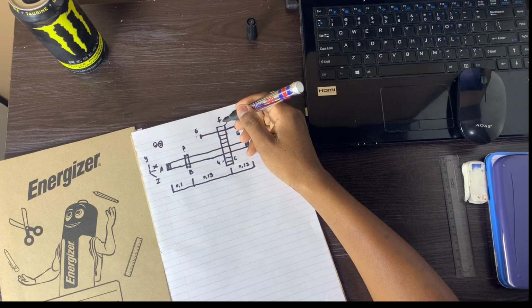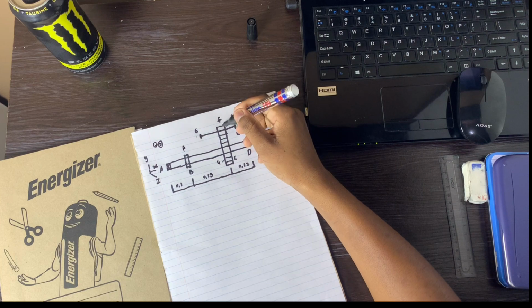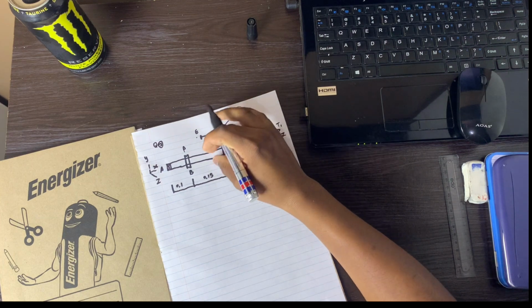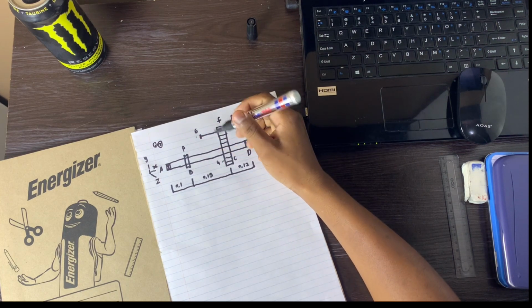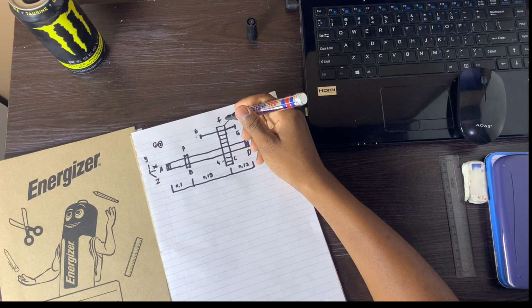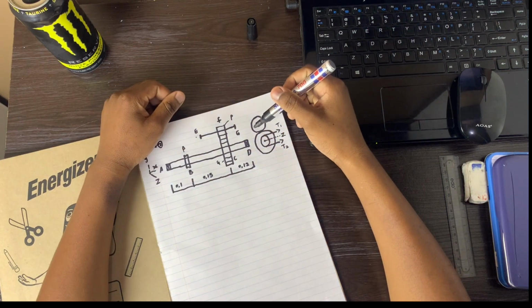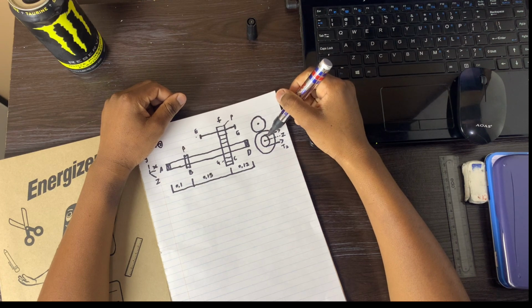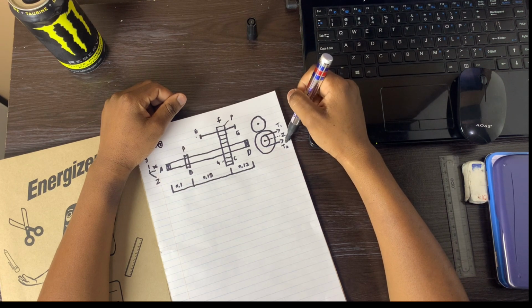So the torque that is being produced by the pinion is not the same as the torque that is going to be produced on the shaft, because the shaft is attached to the gear alone, not to the pinion, right? And then the pulley, the tensions that are being pulled on the Z side.